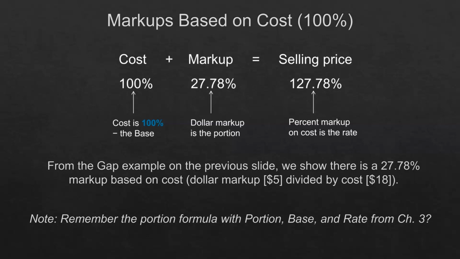You can see that each one of these, the cost would be the base, the markup would be the portion, and the percent on the cost is the rate. And so you remember that circle we use for that portion base rate, and the percent always applies to the base.